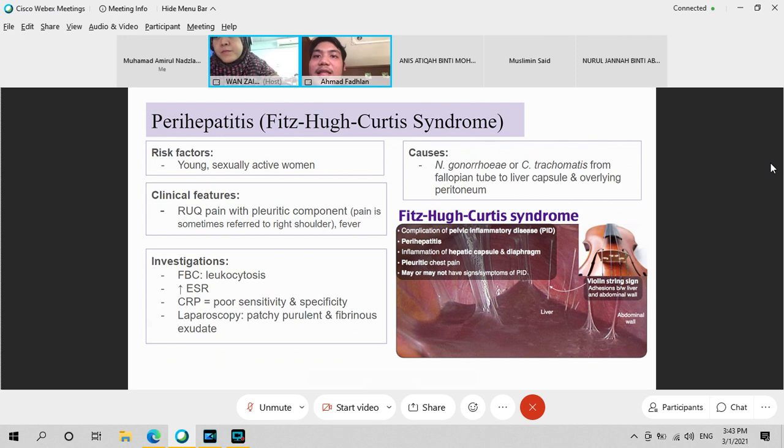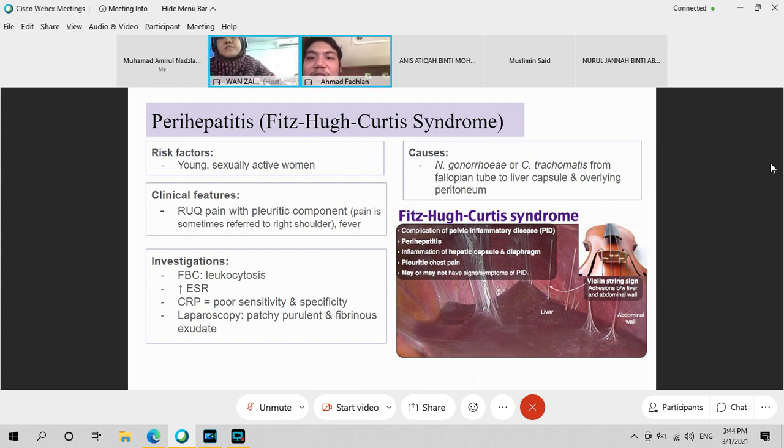Next is perihepatitis. The risk factor is young sexually active women. The causes are Neisseria gonorrhoeae or Chlamydia trachomatis spreading from the fallopian tube to the liver capsule and overlying peritoneum. The clinical features are right upper quadrant pain with a pleuritic component.